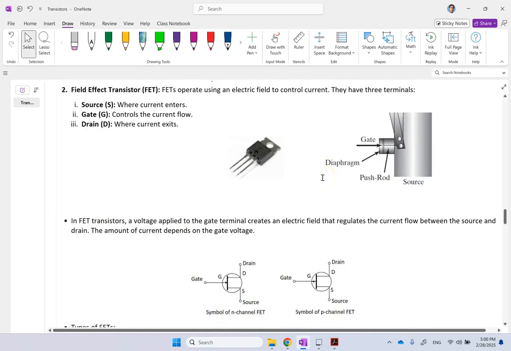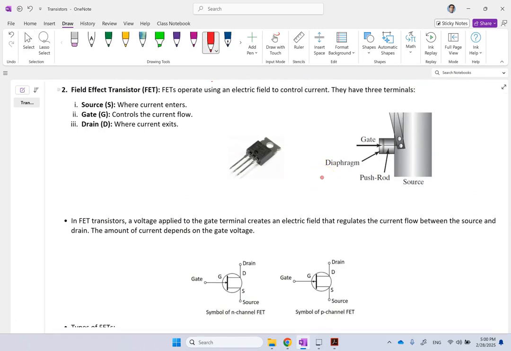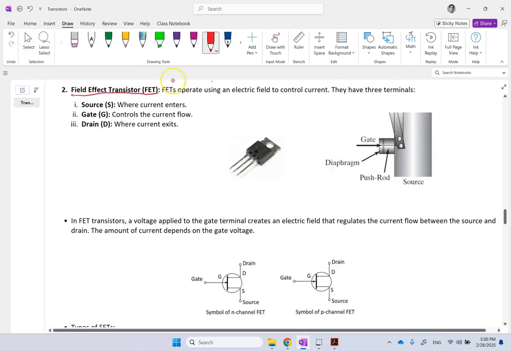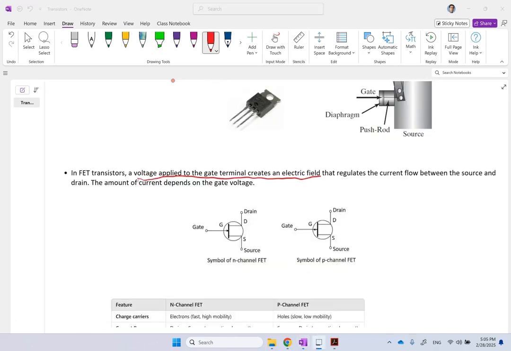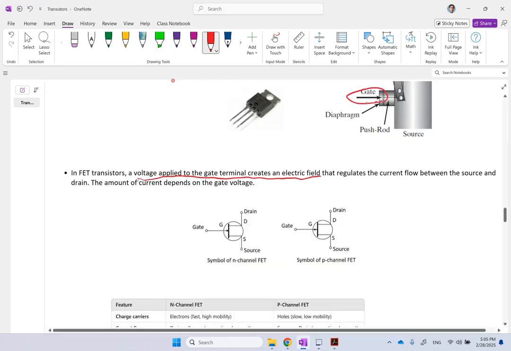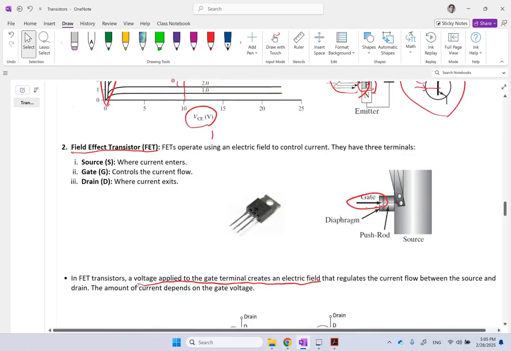Now, the next group, the second group of transistors, are what we call field effect transistors, or FETs. Okay, and they are mostly voltage control transistors as opposed to current control. Okay, so you apply some voltage to this pin that is called gate, and that is how you control to make this switch on and off.